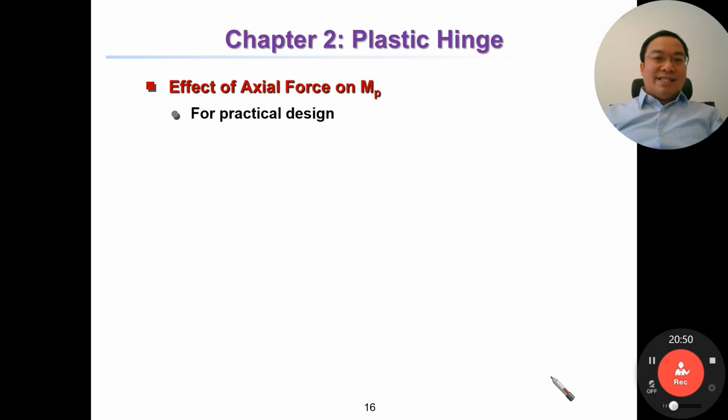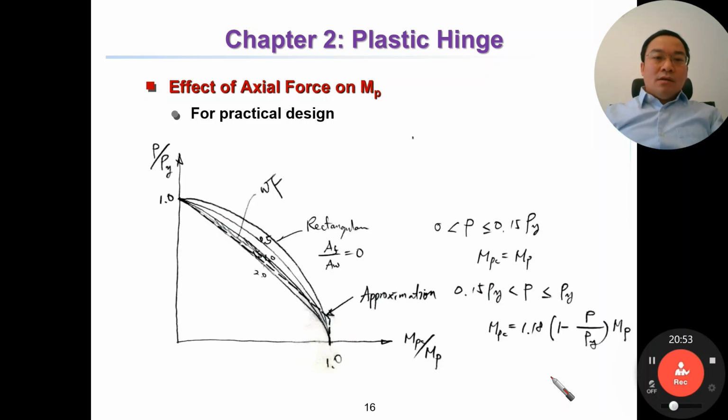For practical design, for web flange section with different ratios between AF and AW: if the ratio equals 2, then this curve.